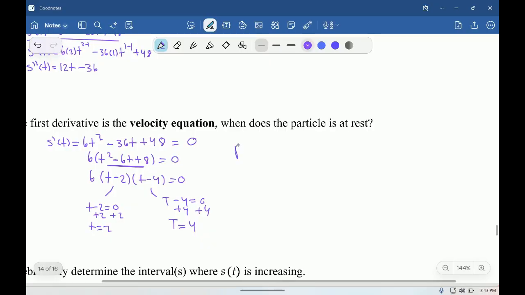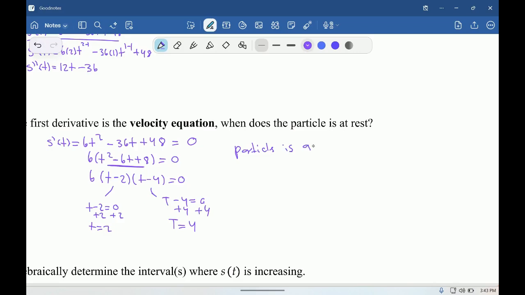So our particle is at rest at t equals 2 and t equals 4.